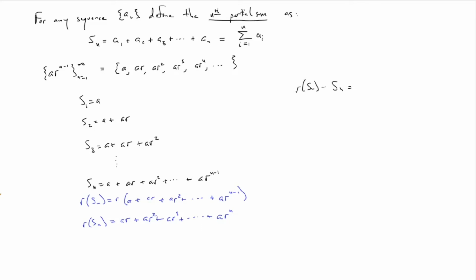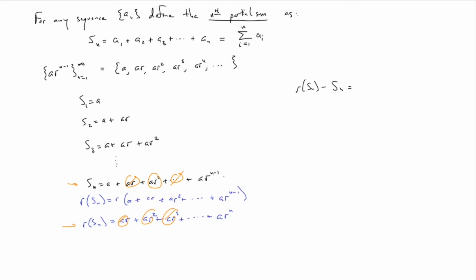Now, look what happens when we subtract s sub n, this expression here, from r times s sub n, this expression here. Well, the a times r right here minus the a times r here, that's a 0. Similarly, a times r squared minus a times r squared is 0. And there's an a times r cubed here and an a times r cubed somewhere in there, and that gives you a 0.